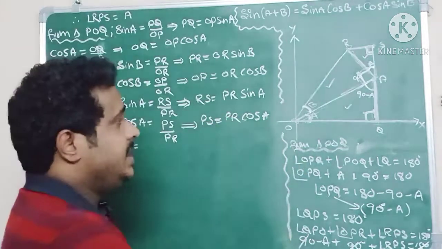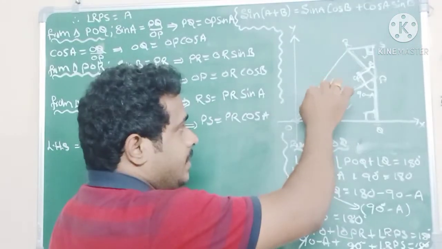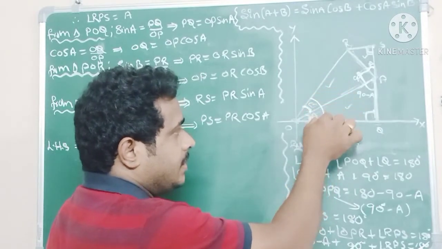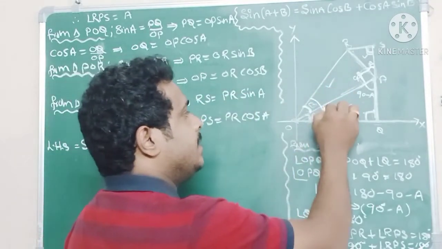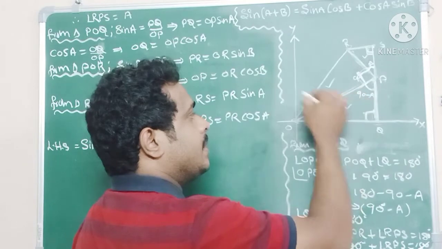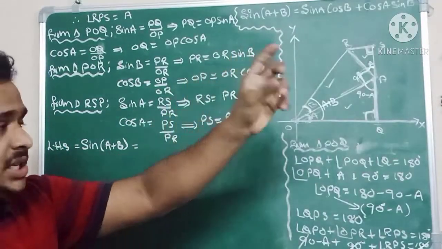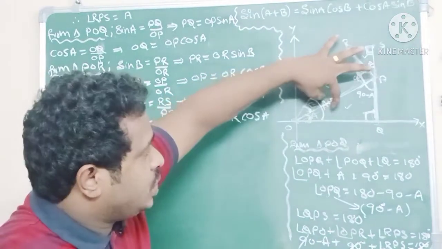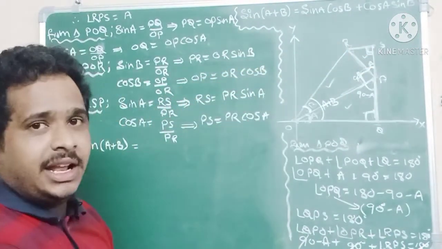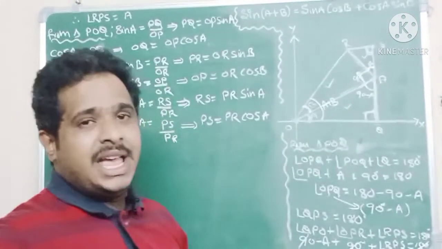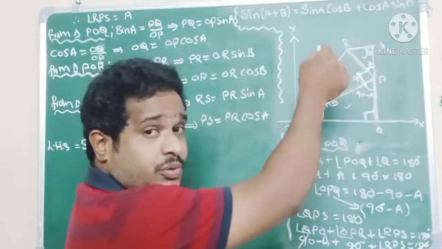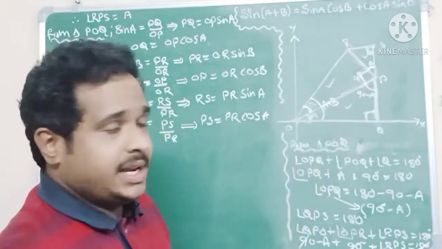Where is A plus B? This complete angle is A plus B. So sin A plus B is the opposite side to A plus B. Where is another right angle where A plus B is acute? It means we have to draw one more construction in this figure.